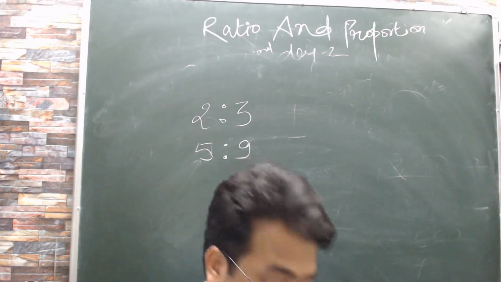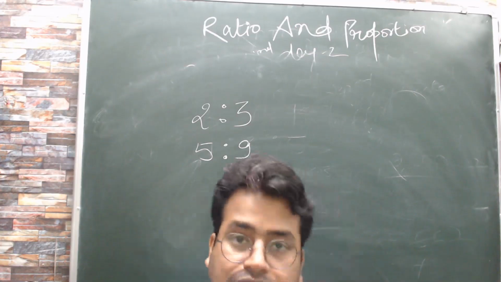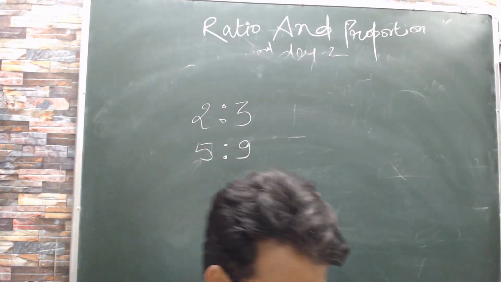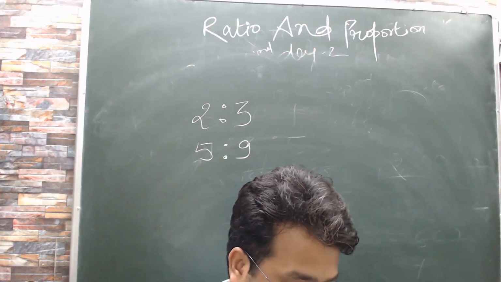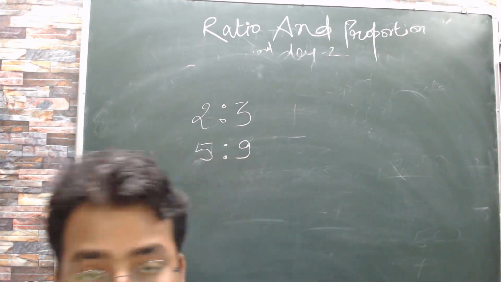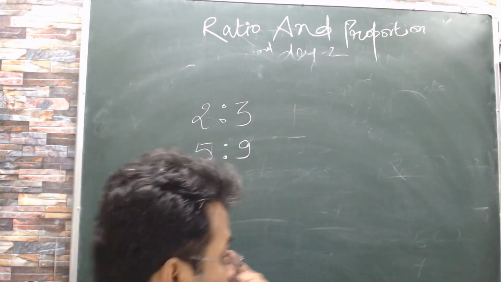If my income in the second year is 45,000 and my expenses in the first year are 25,000, find my total savings for 2 years, right?